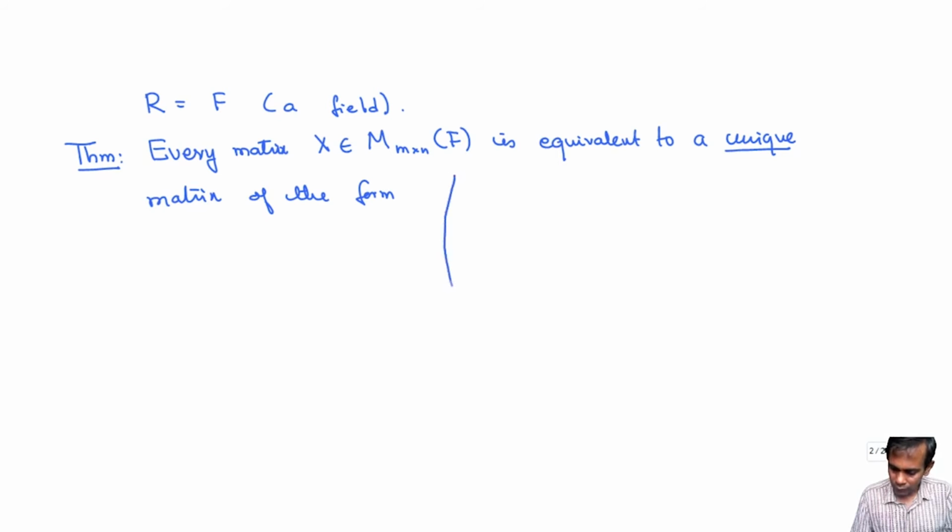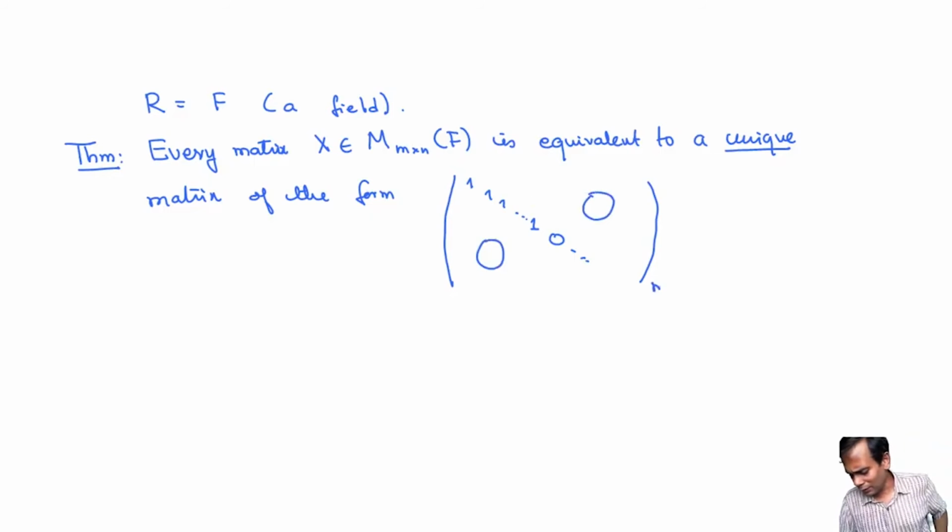You have 1, 1, 1 up to some point, and then you have 0, 0, 0 after that, and everything else is 0. So you just have a principal diagonal worth of 1s. This is a rectangular matrix, and then you have zeros. And the proof is not very difficult. Let me first illustrate it with an example.